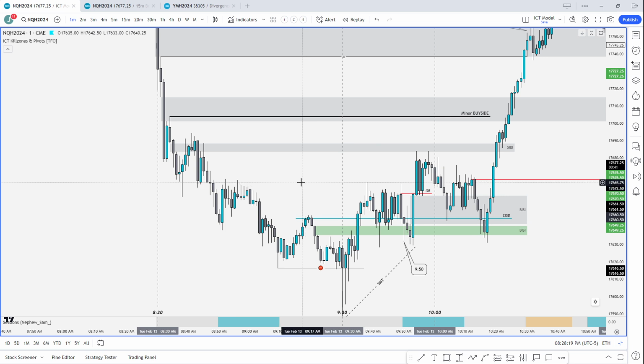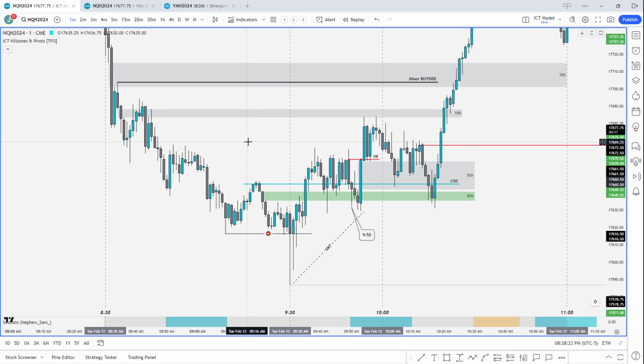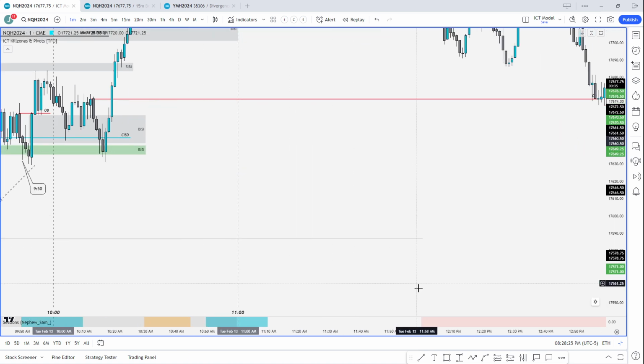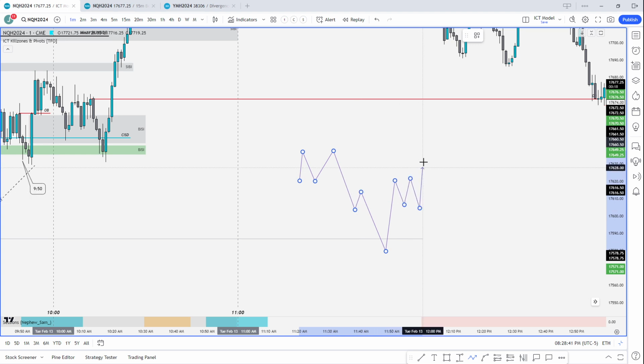But typically your market maker models are going to have a very similar framework, and it's going to be your pre-market liquidity, which can be relative equal lows or highs or just a swing point. We're going to come down, form the reversal at a specific time, trade above it on the 5-minute chart, creating the breaker. And then if we're consolidating around 50%, sometimes you can expect a Judas swing to occur.